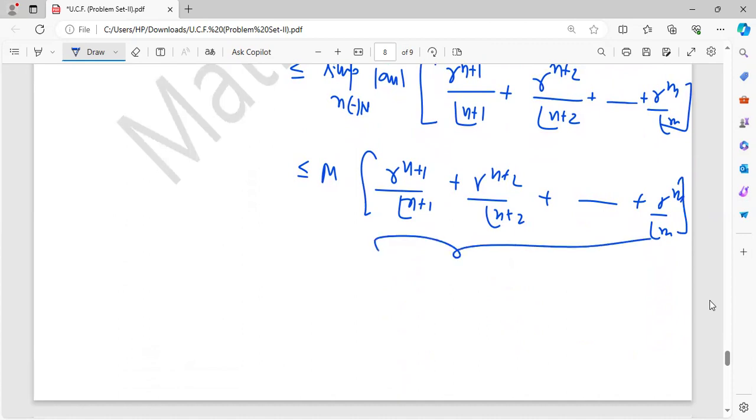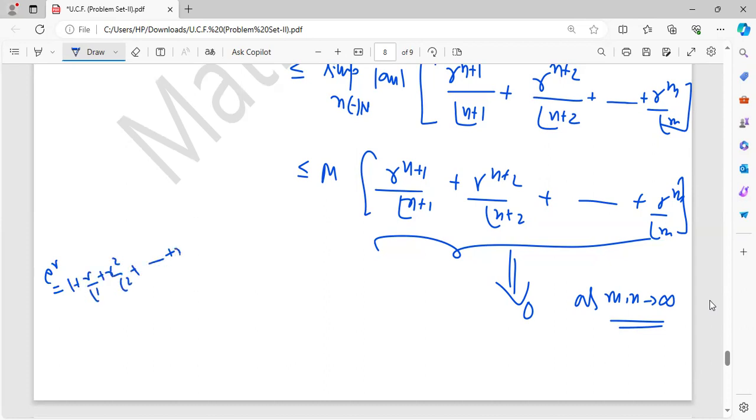Okay, so this tends to 0 as m and n tend to infinity, because this is the exponential series, and the exponential series is convergent. For any r, e to the power r is 1 plus r upon factorial 1 plus r square upon factorial 2 up to r to the power n upon factorial n. So this sequence converges to e to the power r. It means this is a Cauchy sequence.